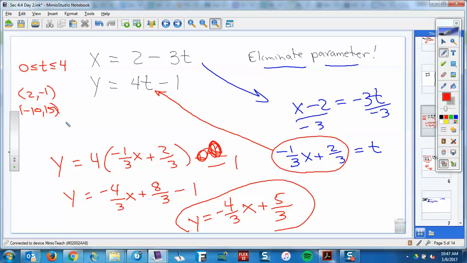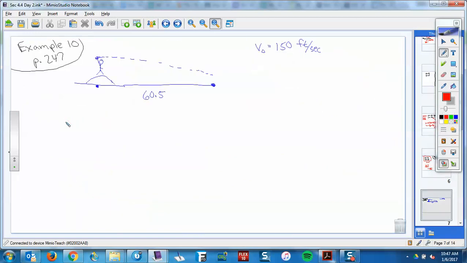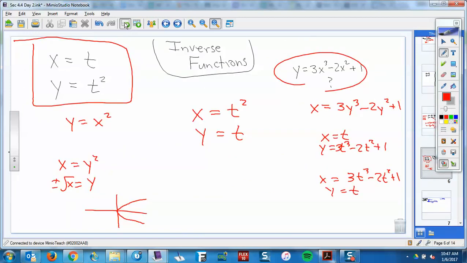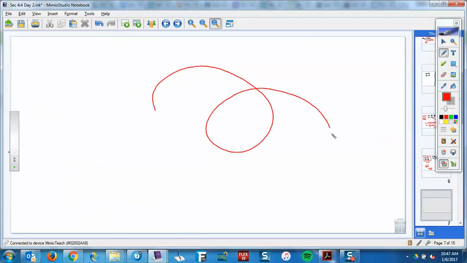So that's going to be a big part of your homework, doing this kind of stuff. There's another example in your book that gives a goofy kind of graph, and it gives dots every 1 second. Like this.